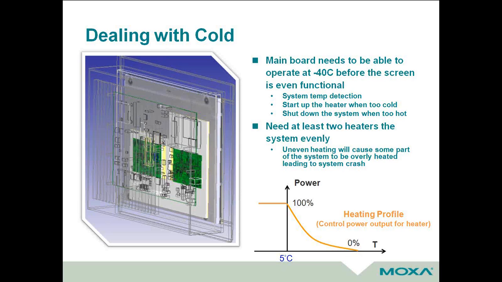You also need to have an internal mechanism that can sense temperature, because we want to have an intelligent heating profile. So when we reach a certain low temperature, that heater turns on, addresses the LCD screen directly, not necessarily the internal unit. And once it reaches a certain temperature, it can shut off. You see this graph here at the bottom.